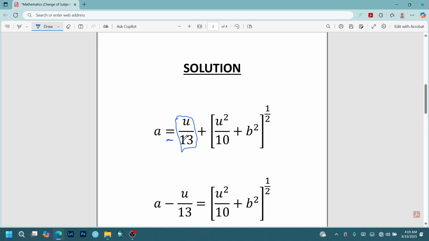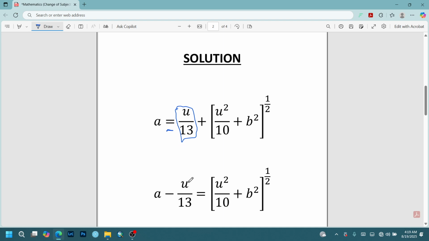If it's a positive number, it will become a negative number. If it is a negative number, it will become a positive number. The fraction U over 13 is a positive number, so when it crosses to the other half of the equation, it becomes a negative number. That's how come we have A minus the fraction U over 13.